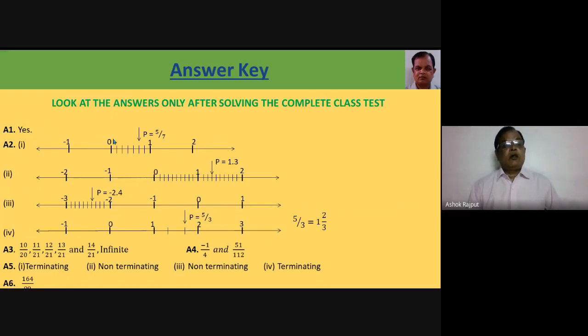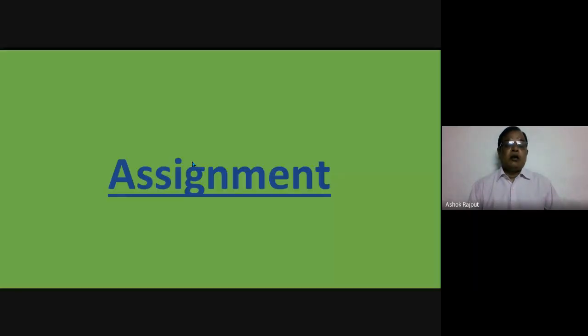First you see the key and solve, it is not fair. It is not good for you. So you will use it but afterward. After completing the class test, assignment is available.